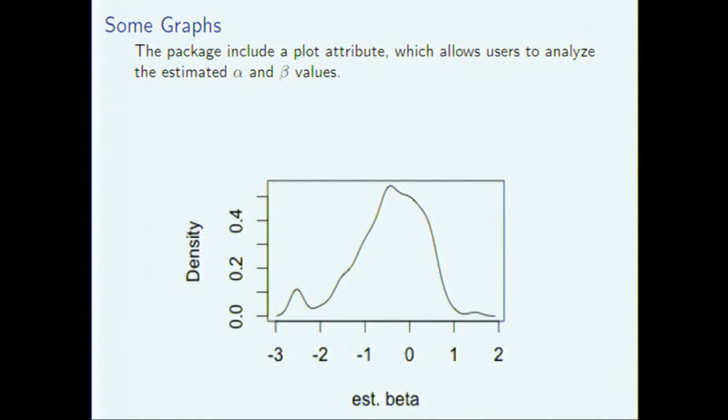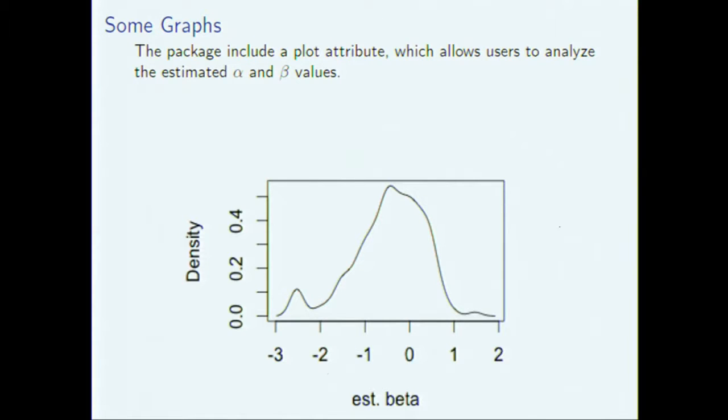This package also included a plot attribute, which is actually kind of helpful, especially when we're talking about maximum likelihood, because we want to make sure that our alpha and our beta values are approximately normal. So using this plot function within the package could be super useful, especially when we're trying to determine which path we want to take.